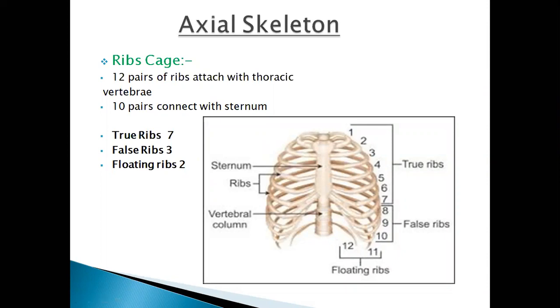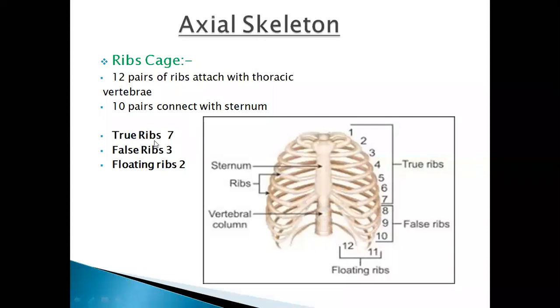They are attached directly or indirectly, and here we have divided them into 3 categories: the true ribs, the false ribs, and the floating ribs. A total of 12 pairs are given here, and 10 pairs connect with the sternum.